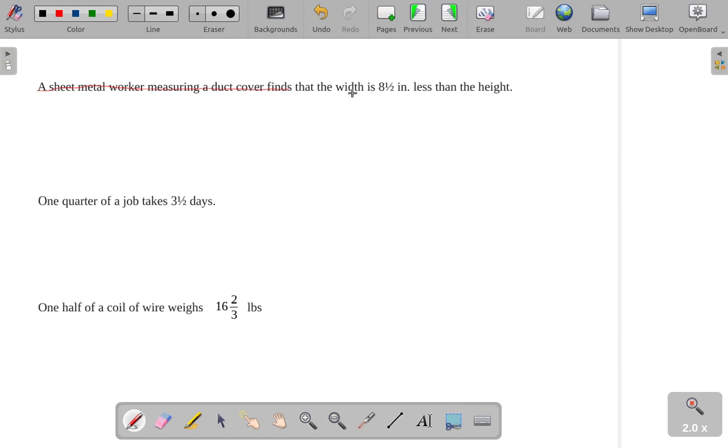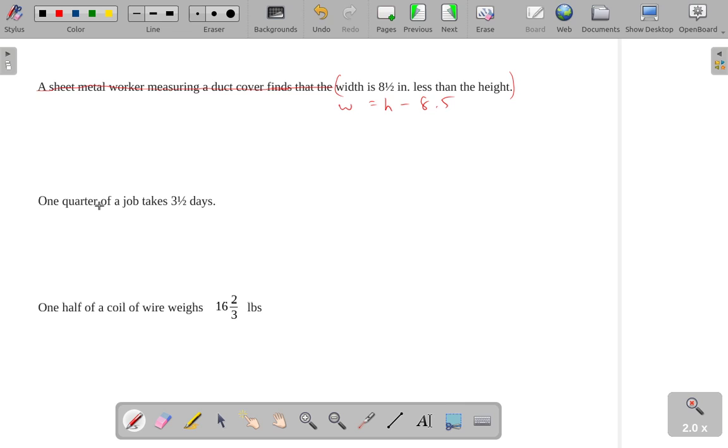It does say the width is 8.5 less than the height. This is height minus 8.5. You can see I was just crossing out the extra words in here until I got down to the actual equation. The only part that was actually saying things about the numbers is that the width is 8.5 inches less than the height. And so that's the part I focused in on.